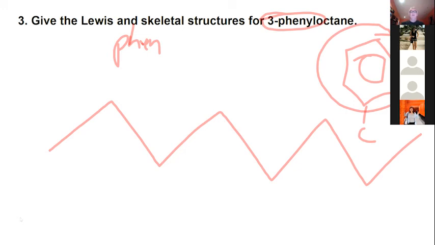And phenol, which is in another question, means it has a hydroxyl group on it. Phenyl is when this group is attached to the carbon. So which carbon is it attached to? 3, right. So 1, 2, 3.